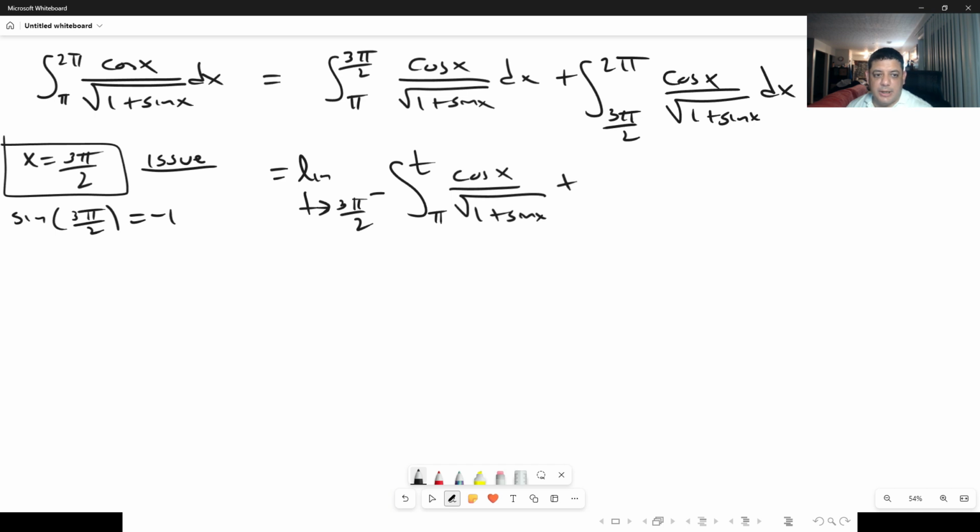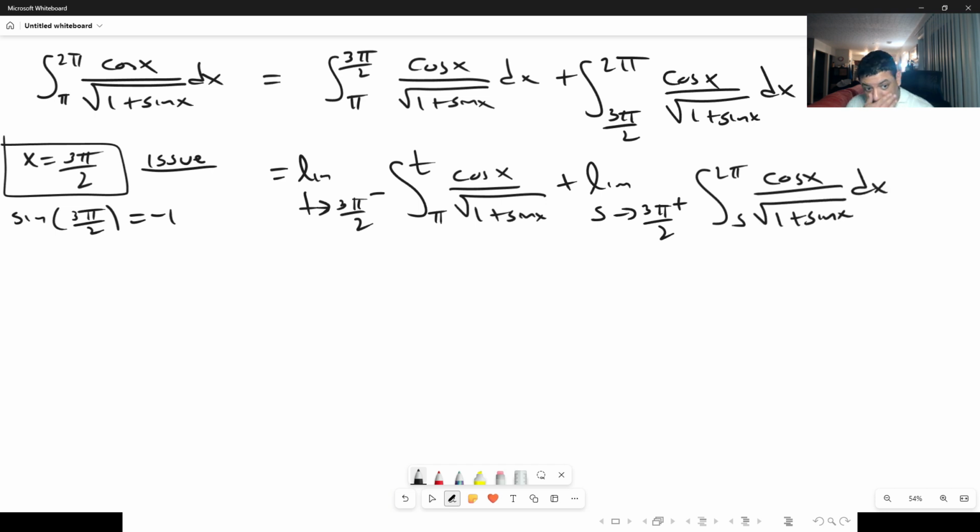And in here we have a similar situation, but here we're going by the right side, and it's the limit when x goes to 3 pi half by the right side. And again, just to be safe, because I don't know if we're approaching using the same numbers, we use a different variable here.